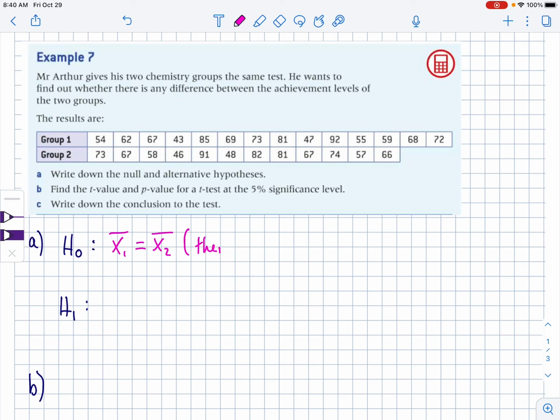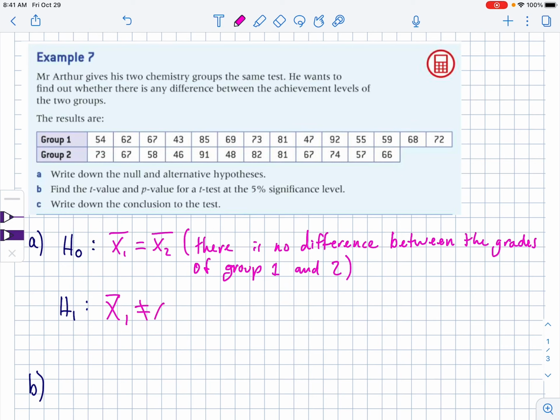Another way to say this in English is there is no difference between the grades of group 1 and 2. The alternative hypothesis is, of course, that the means do not equal each other.